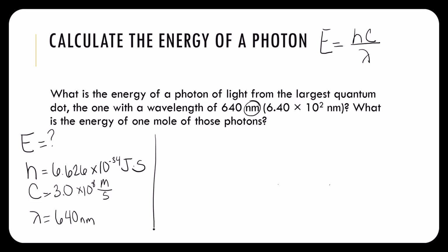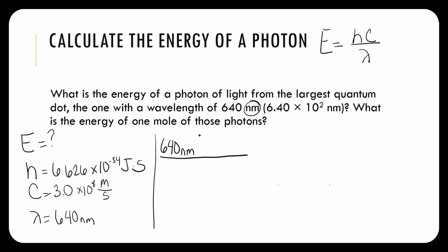The one thing we have to be careful about here is making sure all of our units are matching up. See that my unit for time is seconds and seconds, but my unit for distance is meters here and nanometers down here. That can't happen. We have to have those units match. So the first thing I'm going to do is change the units from nanometers to meters.